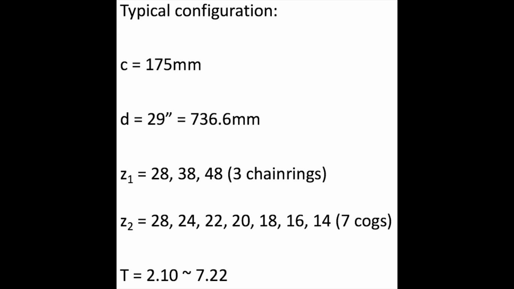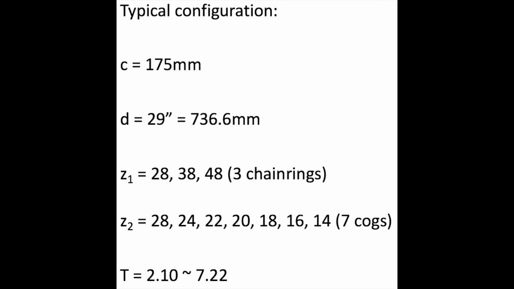Armed with this knowledge, let's put together a calculation table and use it for a popular configuration found on many mountain bikes. In this configuration, C equals 175 millimeters, D equals 29 inches or 736.6 millimeters, Z1 equals 28, 38, and 48, 3 chainrings, and Z2 equals 28, 24, 22, 20, 18, 16, and 14, 7 cogs.